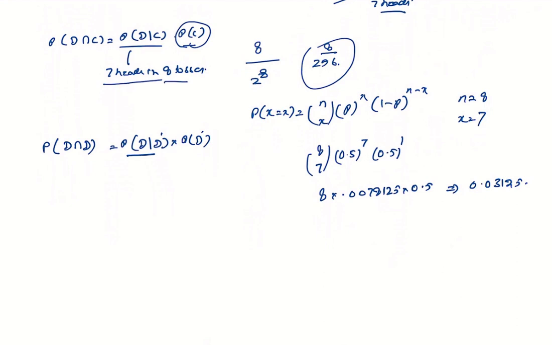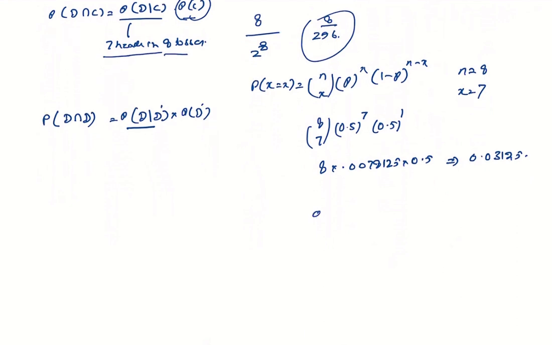Now D is 9 accidents, so there will be 9 choose 7, 0.5 to the power 7, and 0.5 to the power 9 minus 7, which is 2. So 9 choose 7 is going to be 36. 0.5 to the 7 is going to be the same, which is 0.0078125, but 0.5 squared is going to be 0.25.